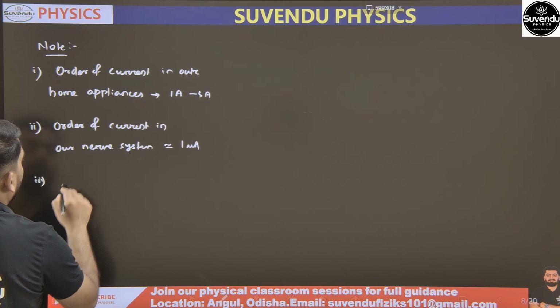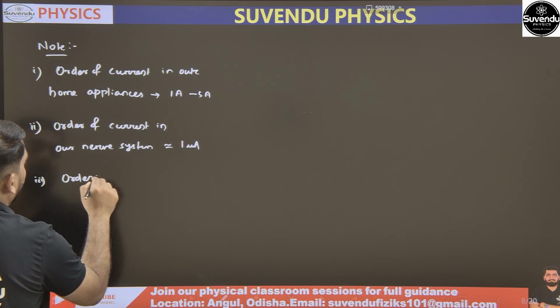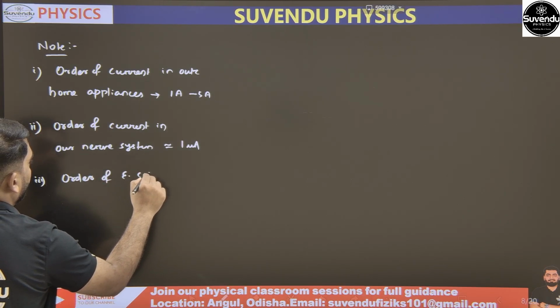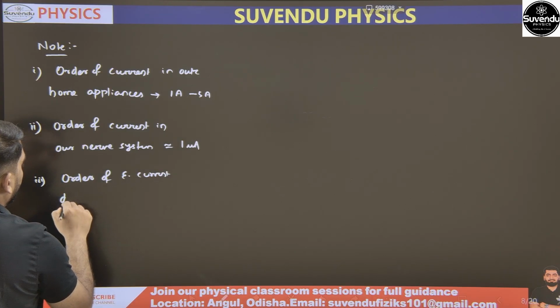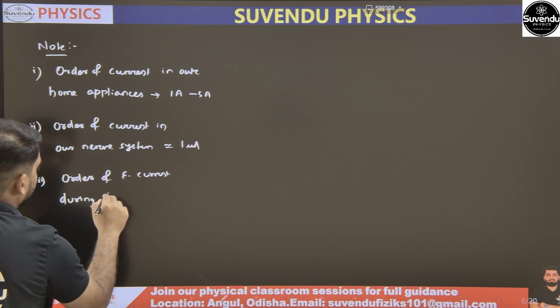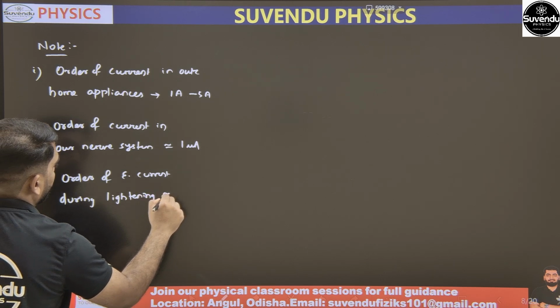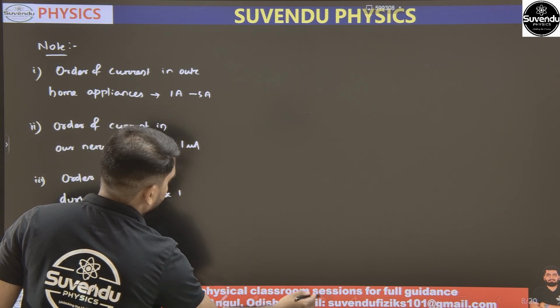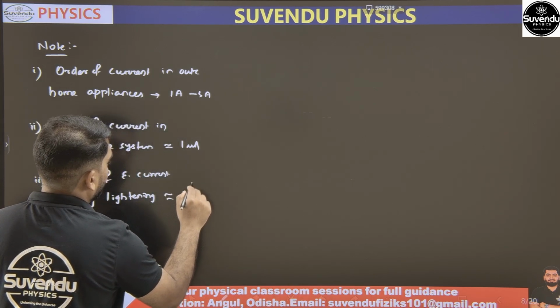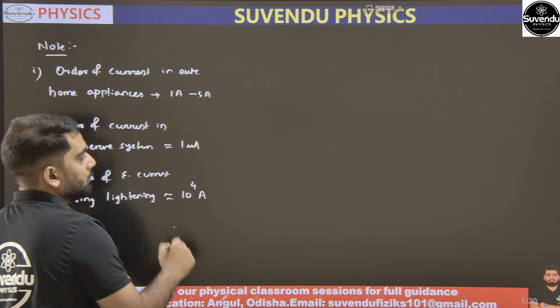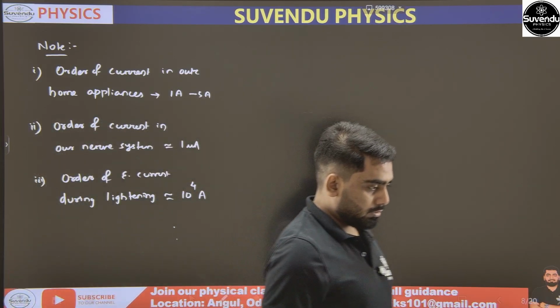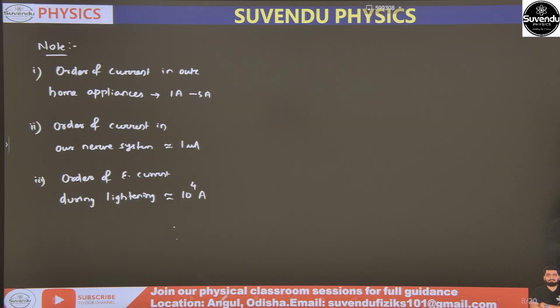And order of electric current during lightning, that is nearly 10 to the power 4 ampere. These are some information related to our order of currents and so on.